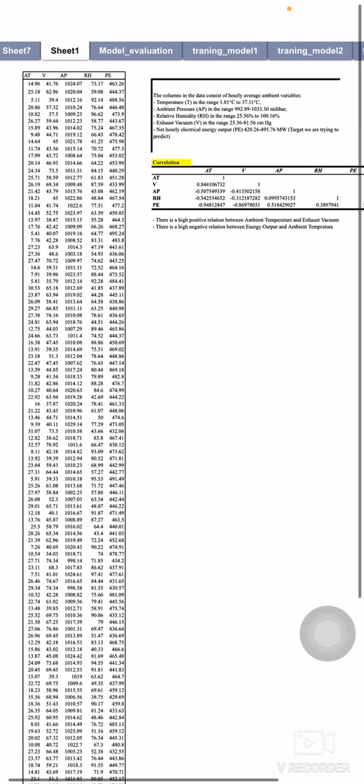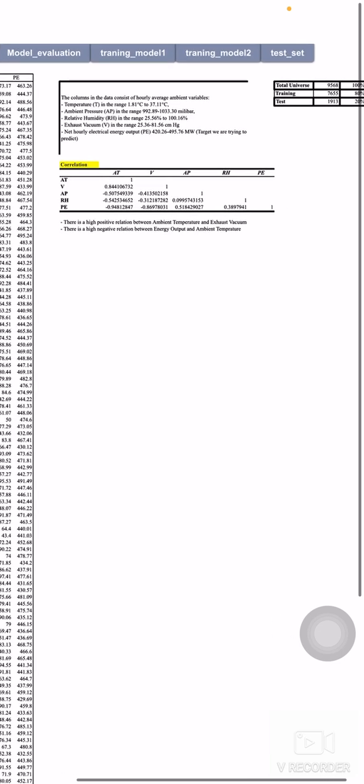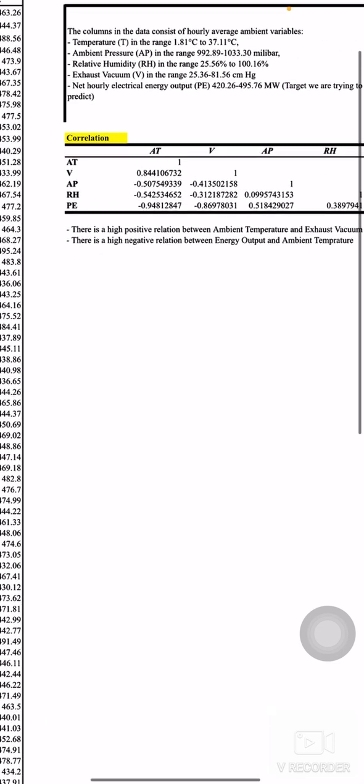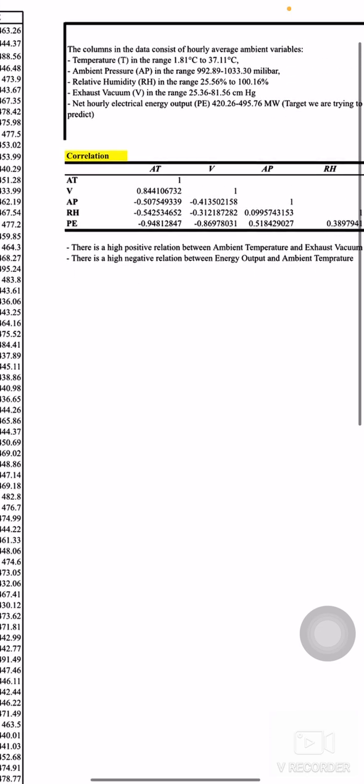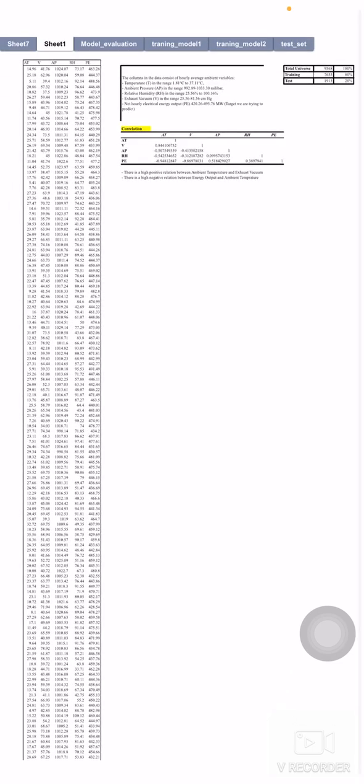I have created two models. First model includes all the parameters, all four parameters, as well as one output parameter. And there is another model which I created, wherein I have excluded the RH, which is relative humidity, to calculate the matrix.